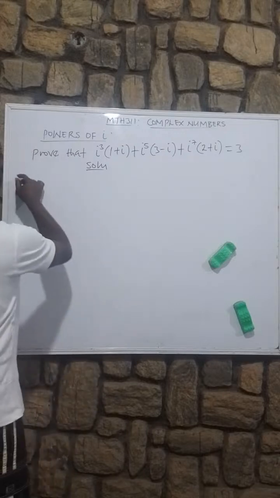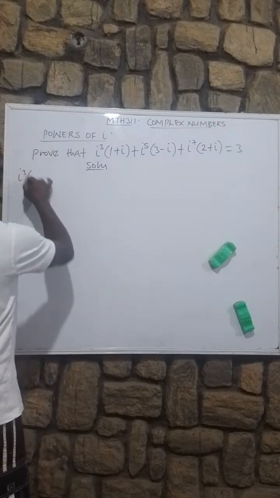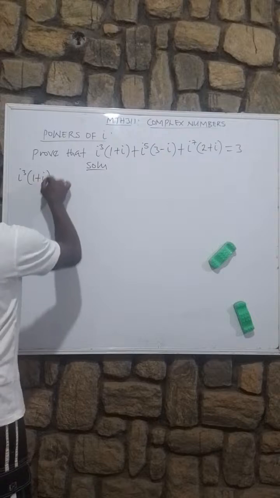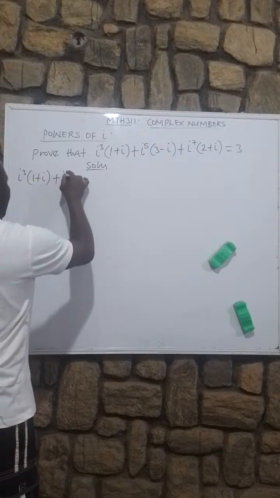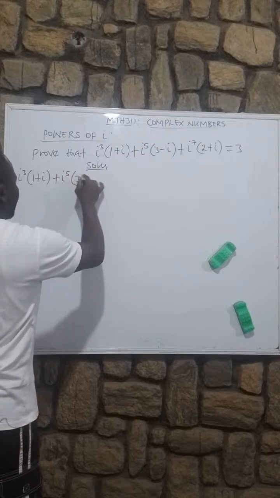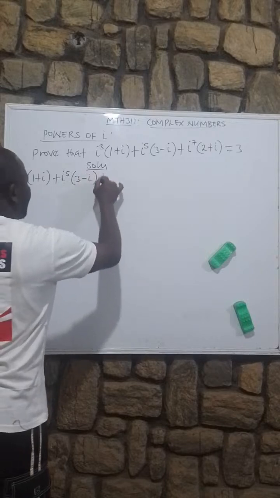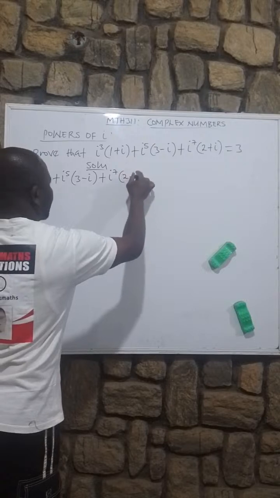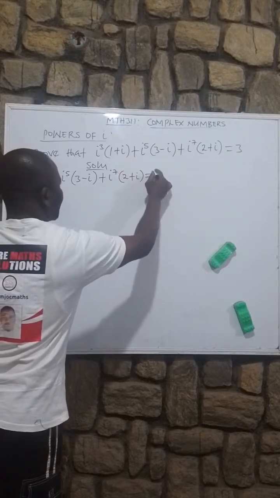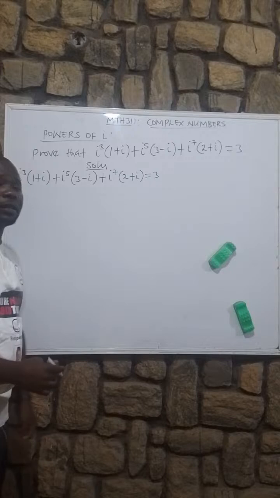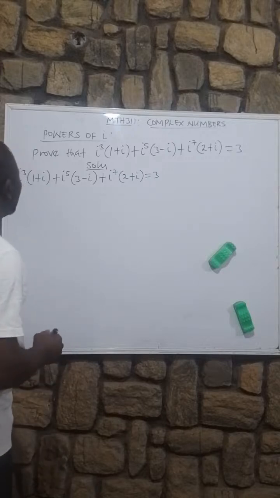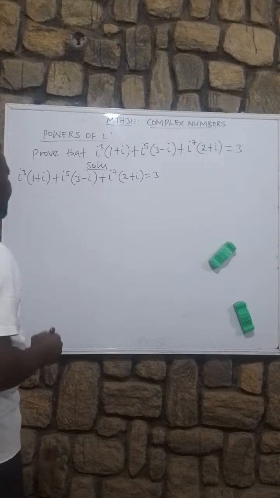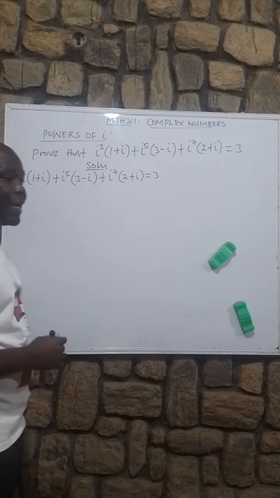That is, i^3(1 + i) + i^5(3 - i) + i^7(2 + i) = 3. Okay? So far, so good. So let us apply the powers of i.